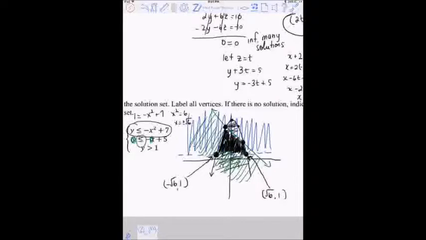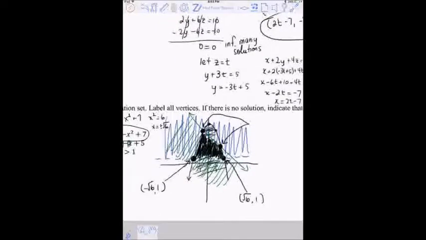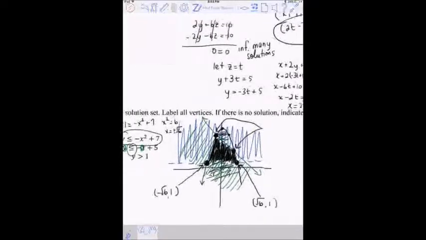Now, this point and that point, both of those points, those two points intersect on the same two graphs.